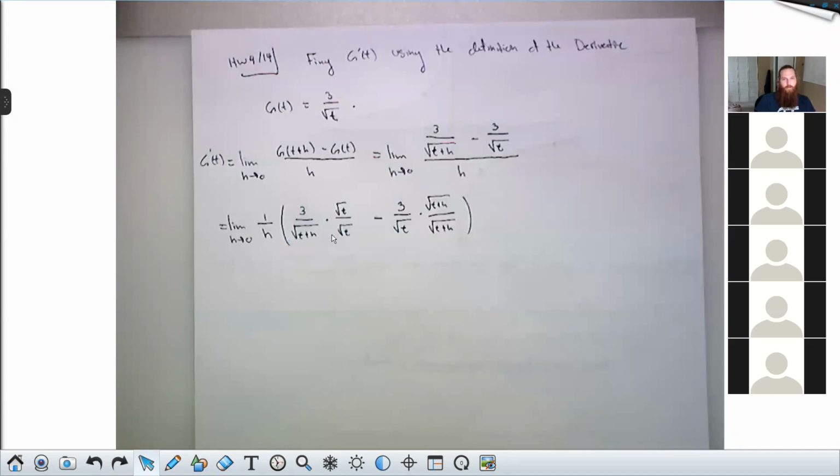But if I'm going to multiply by root t downstairs, I have to do it upstairs. So here's the 3 over root t plus h with the piece it needs to have a common denominator multiplied. And here's the 3 over root t with the piece it needs multiplied. Everybody sees where these are coming from?